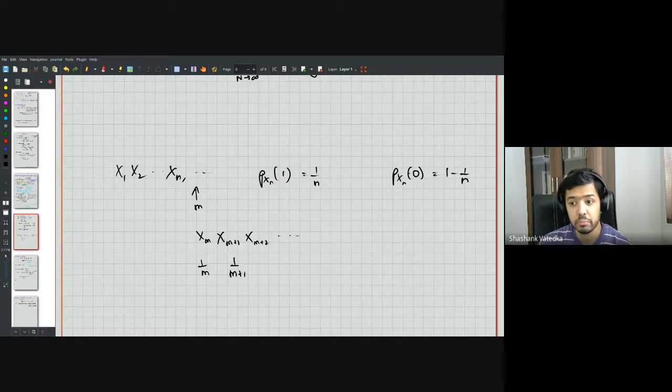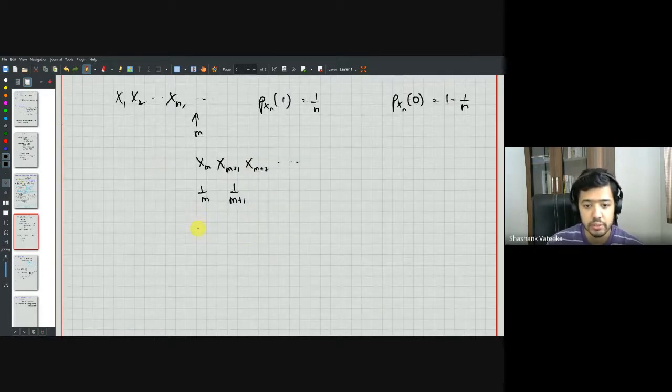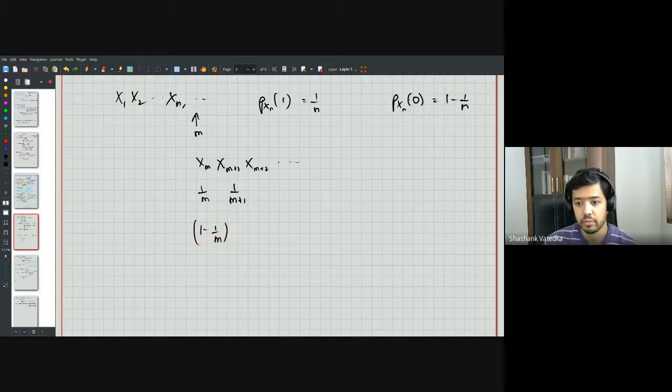Is it m minus 1 or m minus 1 by n? Are you sure? So note that these are all independent random variables, right? So what is the probability that xm equal to 0? It is 1 minus 1 over m, correct? 1 minus 1 over m, the probability that xm plus 1 is 0 is 1 minus 1 over m plus 1.